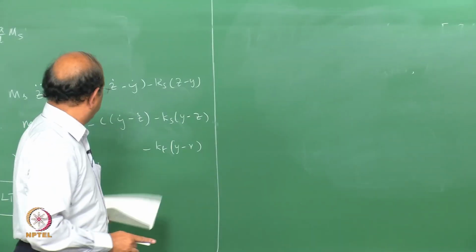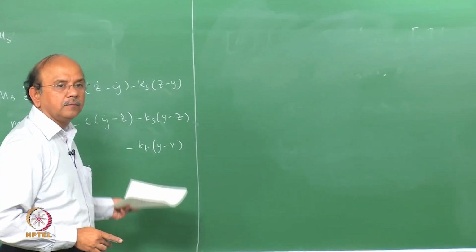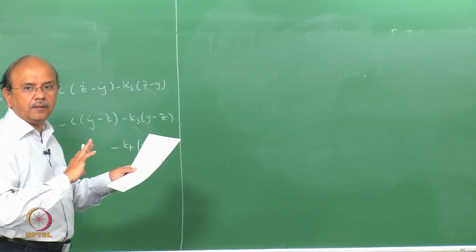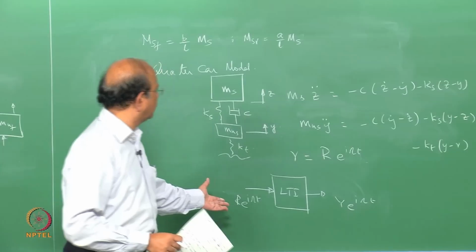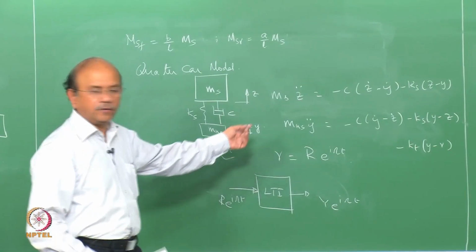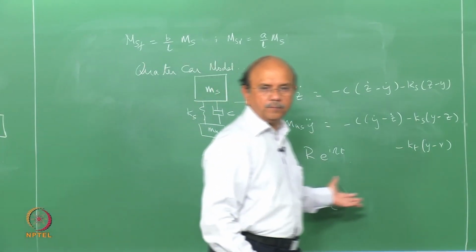So input and output are of the same form. Substitute them, put that in the governing equation. I'm going to get omega squared here and so on. You do that.